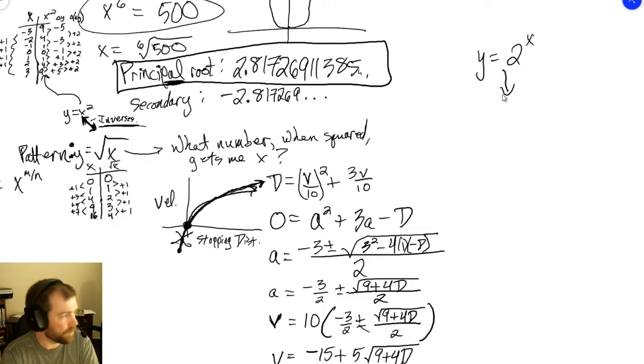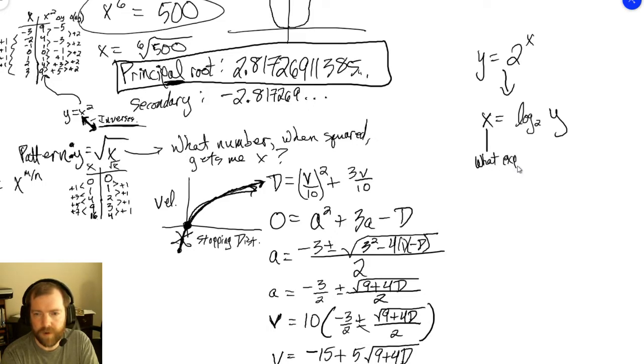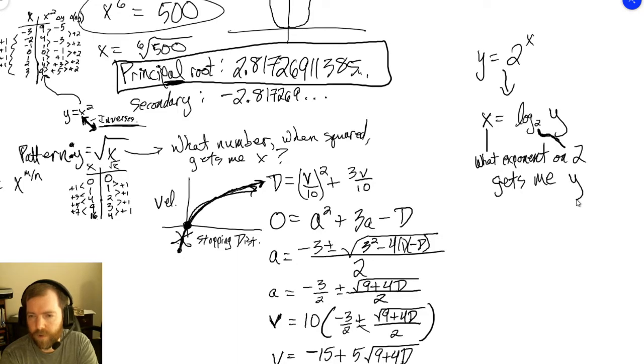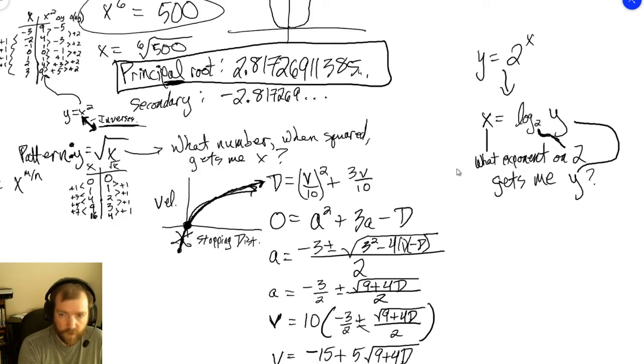This has an equivalent form of this equation as x equals log base 2 of y, which in this case we're saying, what exponent on 2 gets me y is kind of the same point here.